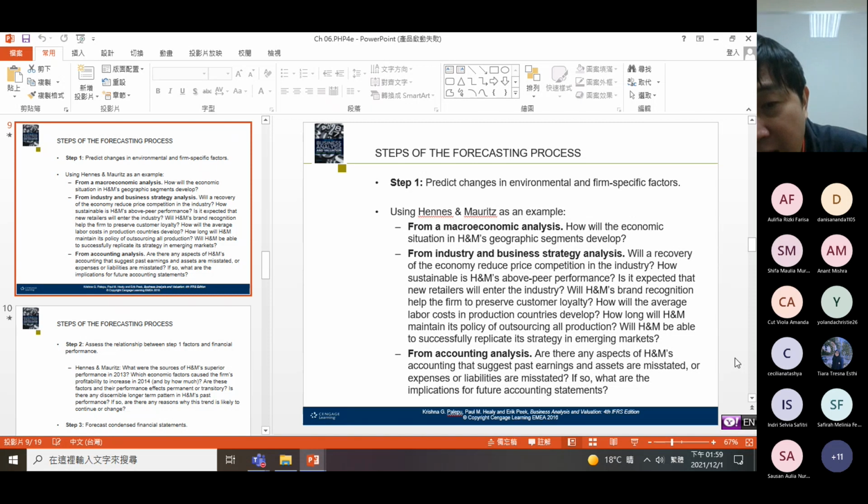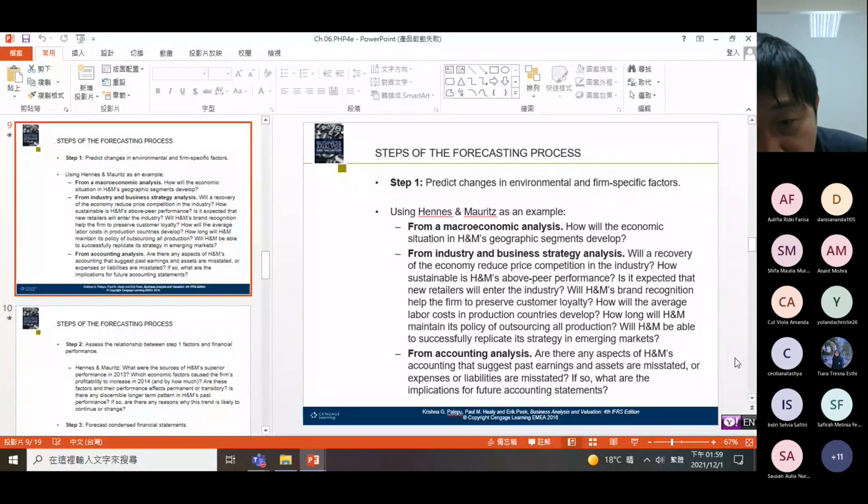How will the average labor cost in production industries develop? How long will H&M maintain its policy of outsourcing production? Will H&M be able to successfully replicate its strategy in emerging markets?